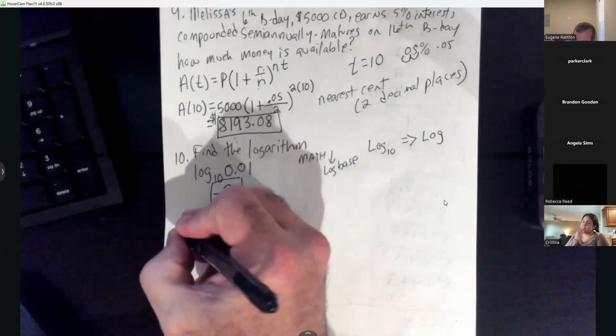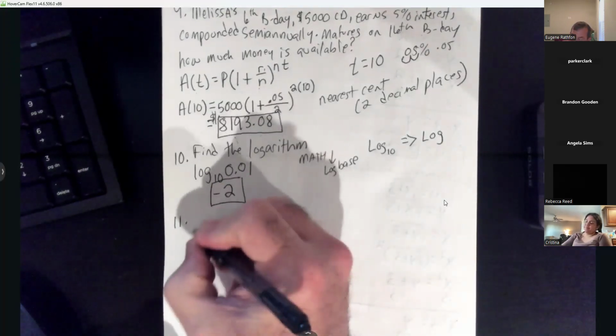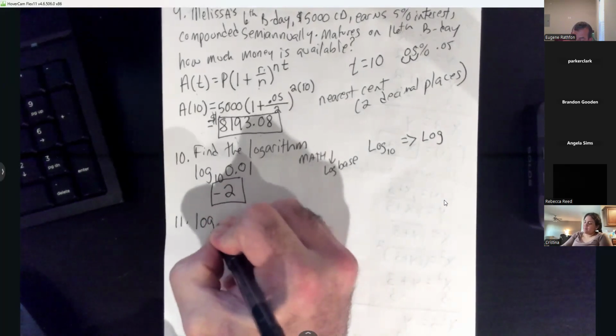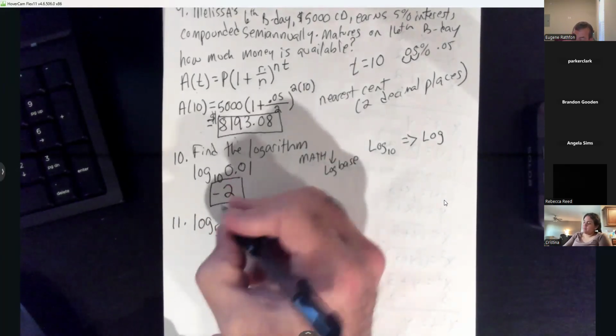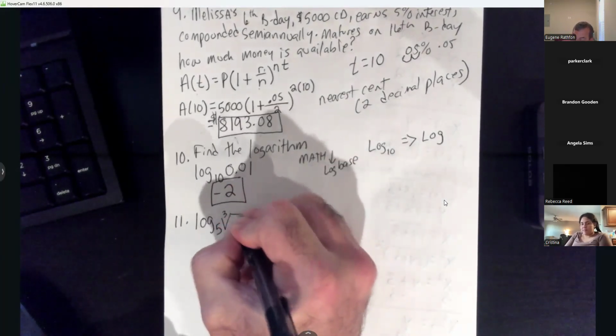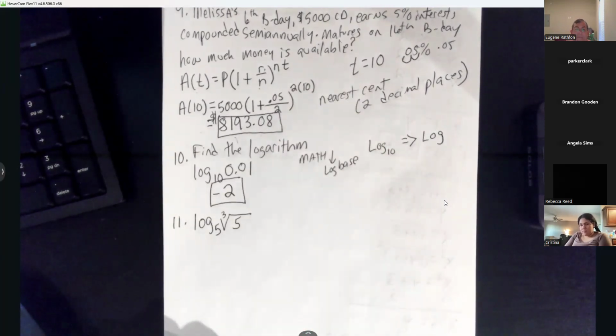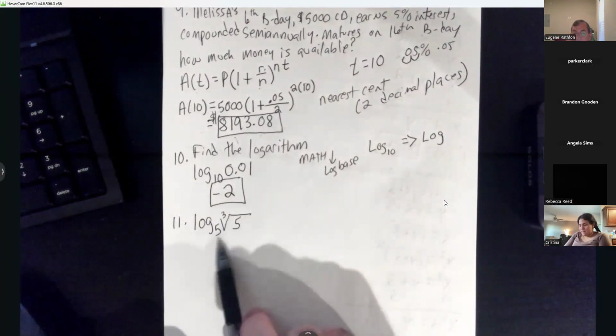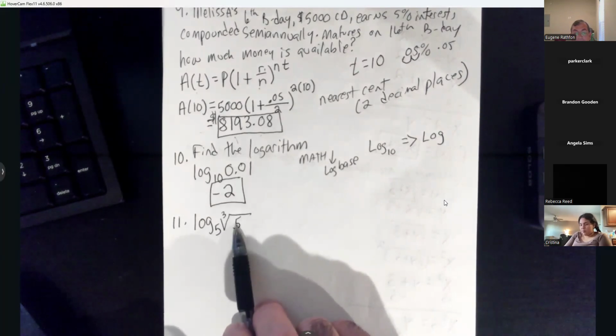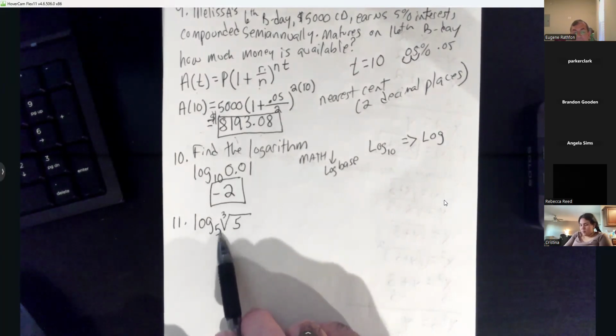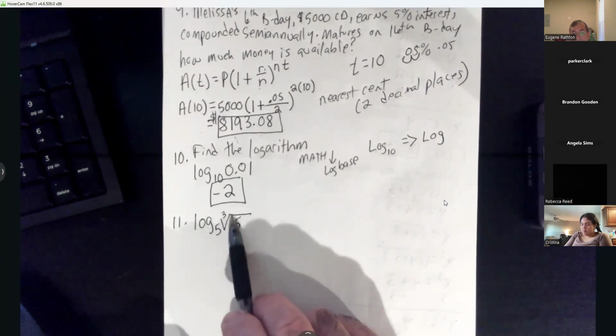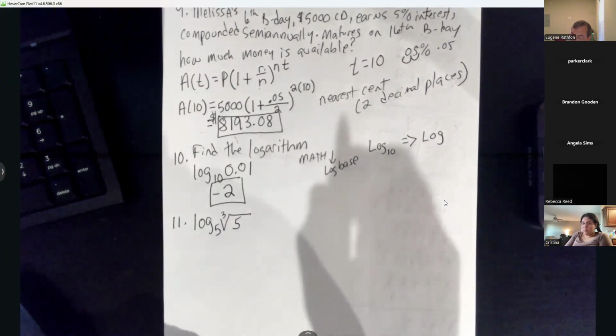All right, y'all, number 11. Log base 5 of the cube root of a 5. So y'all will match like mine. Your bases will match. The only difference, your numbers might be different than my 5s, and y'all might have a different index for your radical.